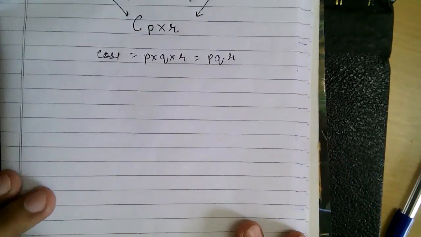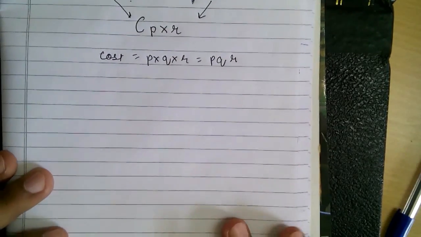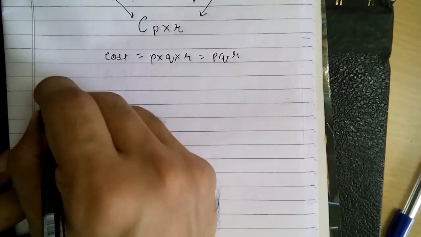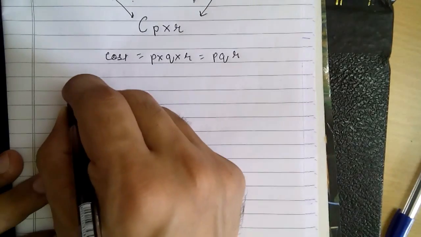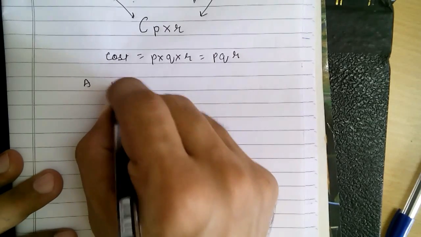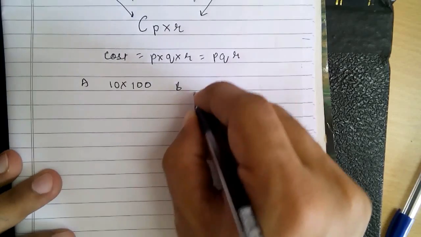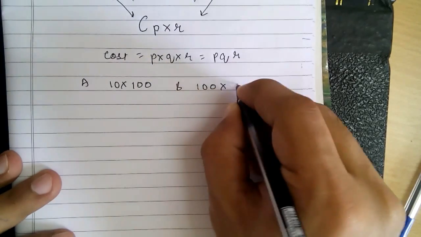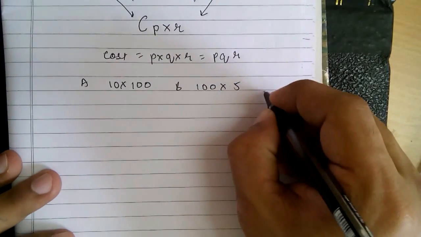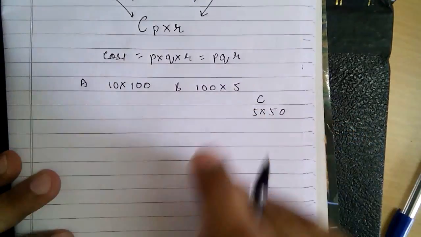Now let me show you the significance of the various parenthesizations. Let's see it by example. We have a matrix A having dimensions 10 into 100, B having 100 into 5, and C having 5 into 50.